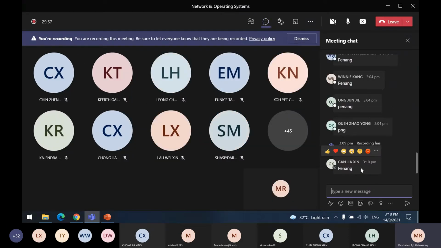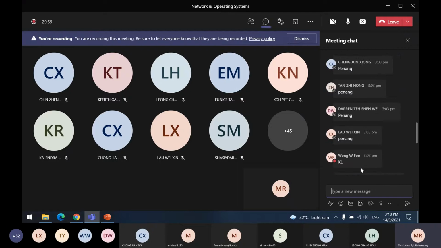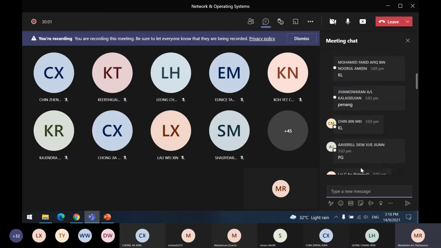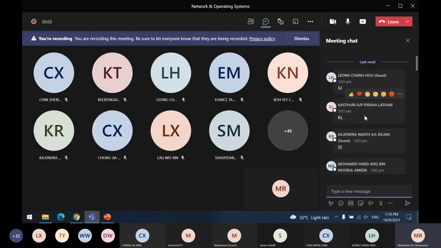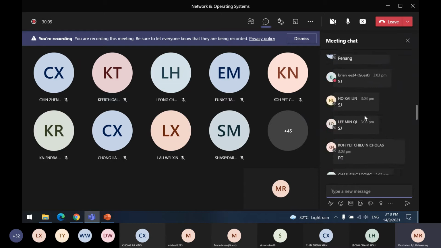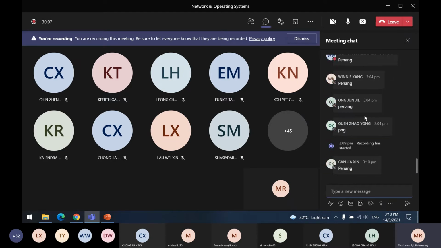All right, so far all of you have typed where you are from. Okay, that's good. For latecomers, I see not all of you have signed in or typed here. For whoever joined late, please type either KL, Penang, or LJ.